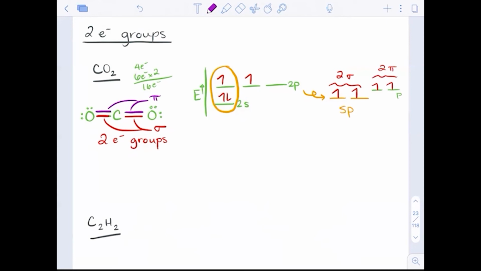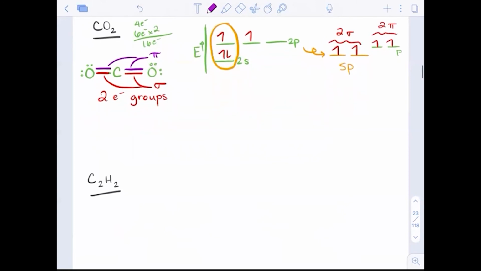Doesn't need to be to the same atom. So what we see is carbon has 1 sigma to each oxygen and 1 pi to each oxygen. And so we can look at that central atom carbon and identify he is sp hybridized and has 2 sigmas and 2 pi's.